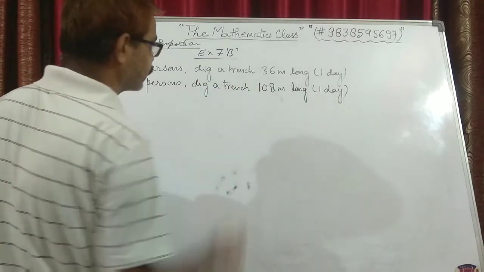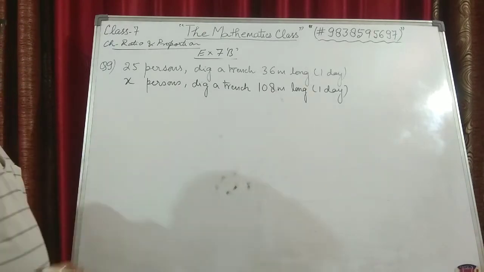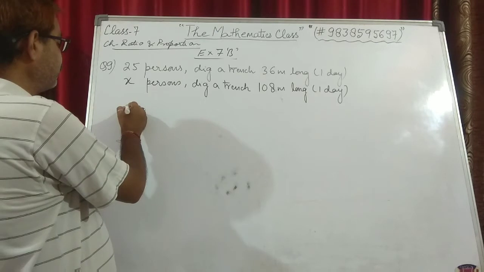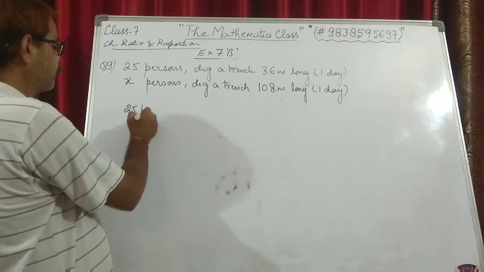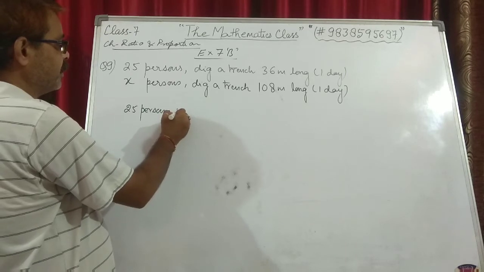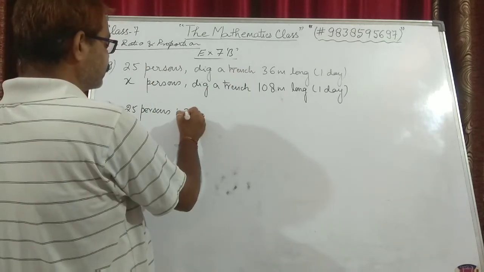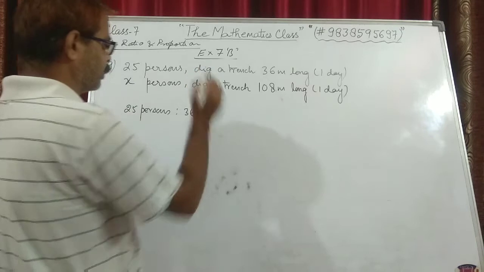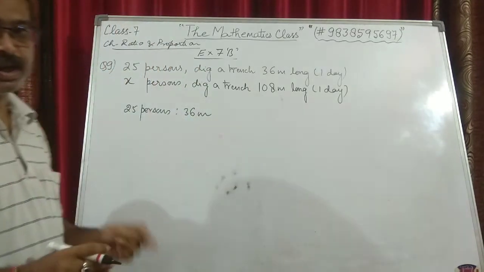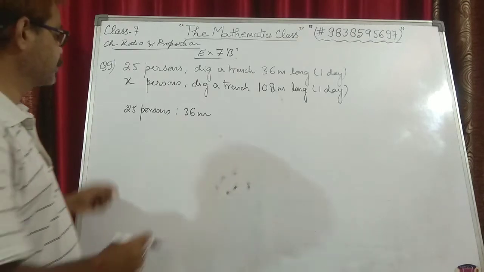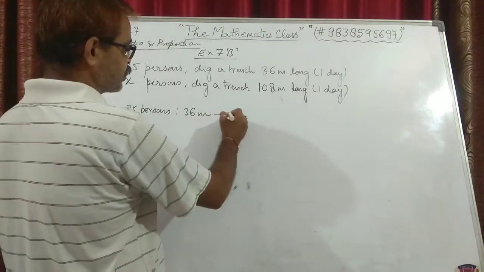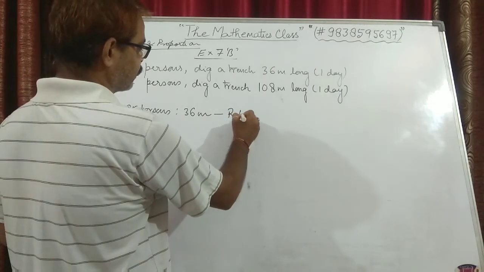that is 108 meters. Now how to use ratio and proportion in this? We know that 25 persons in one day are digging 36 meters long, and with the same efficiency, everybody has the same efficiency. So with x, this is first ratio 1.